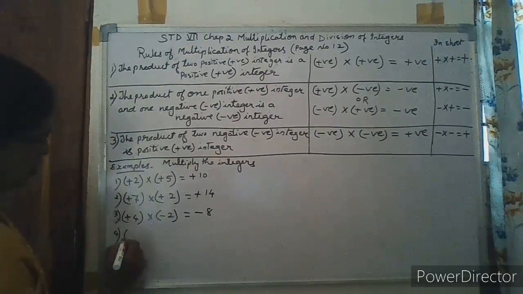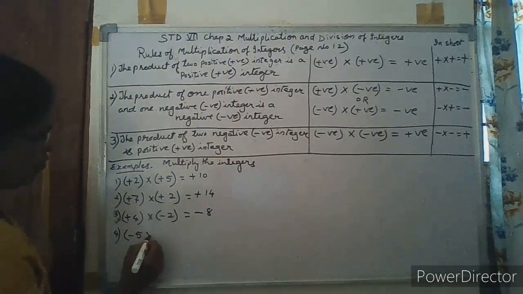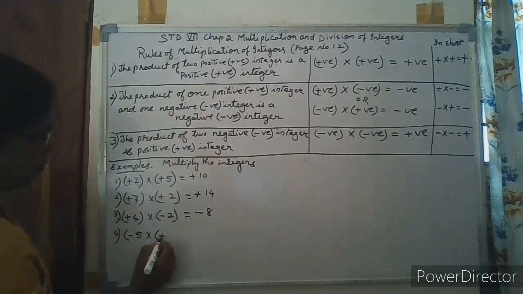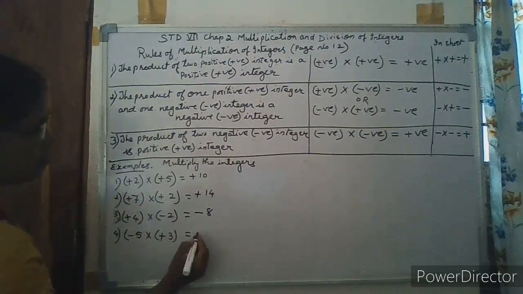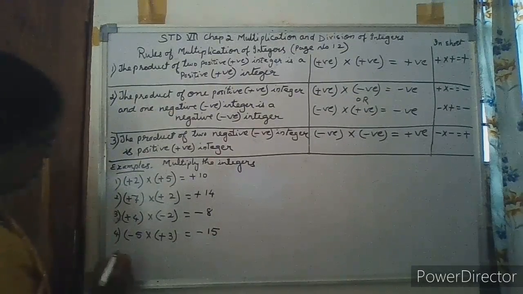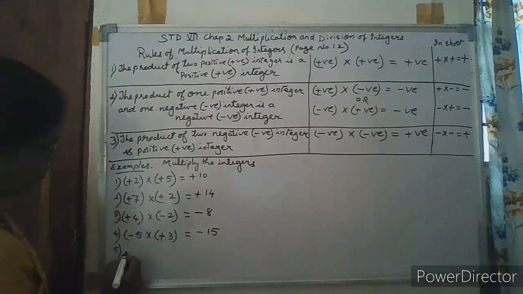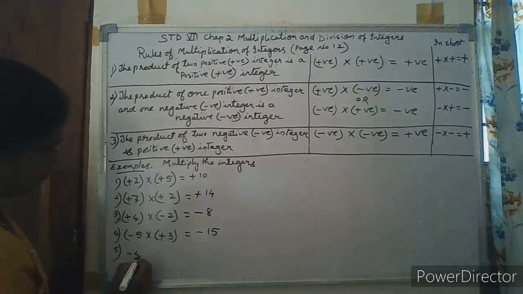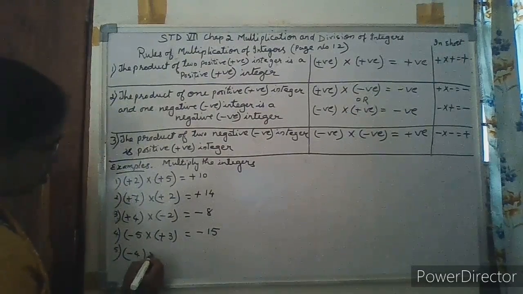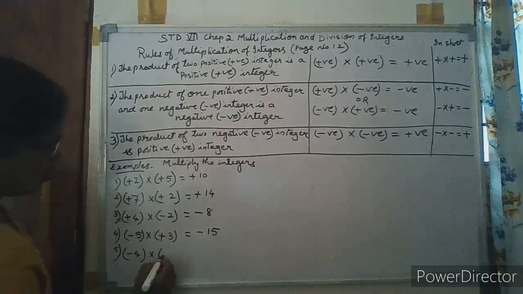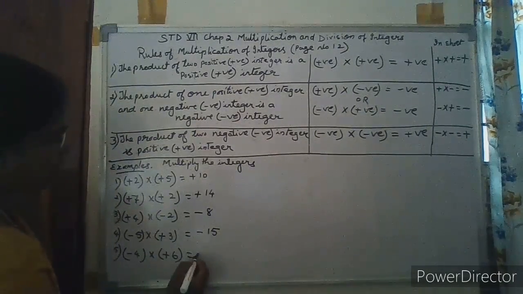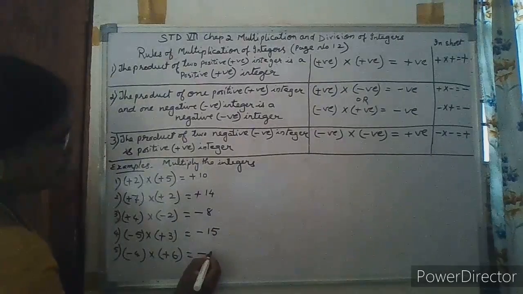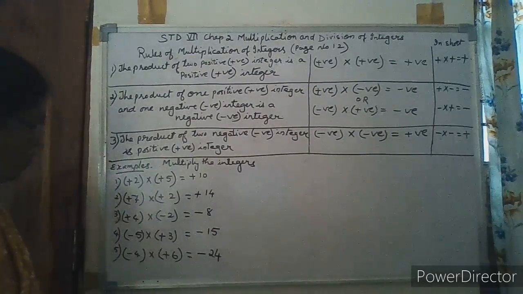Fourth example, minus 5 into plus 3. Minus into plus is minus. 5 3s are 15. Example 5, minus 4 into plus 6. Minus into plus is minus. 4 6s are 24.